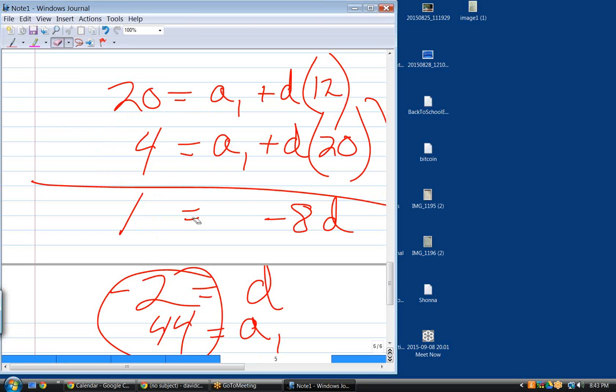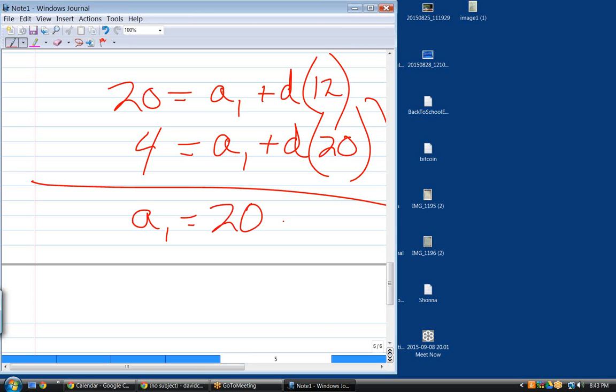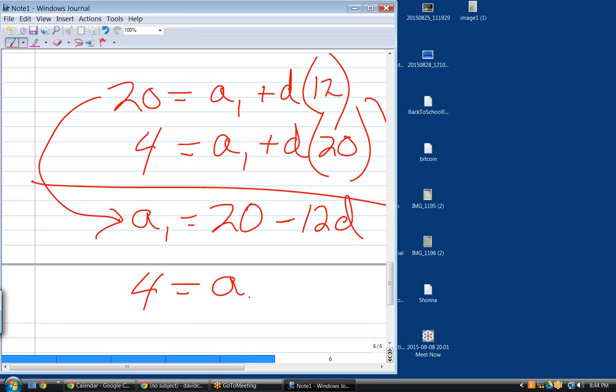Usually between the two techniques, elimination or substitution, substitution works really well if one of the variables is fully defined. In other words, if I change this first equation around so that it's a sub 1 equals 20 minus 12D, same thing, I've just moved the 12D to the other side. And then I have a second equation that says 4 equals a sub 1 plus 20D.